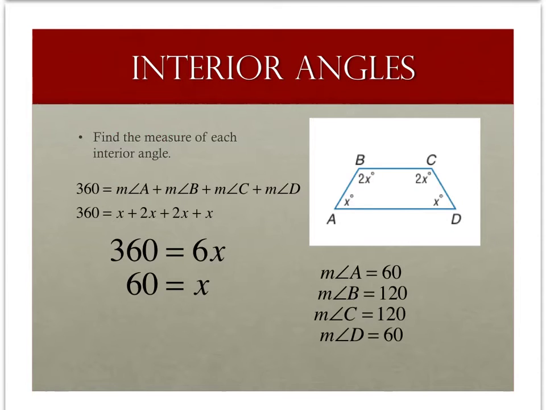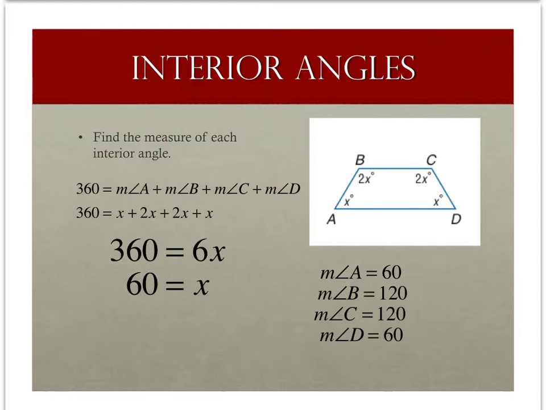All right, let's look at an example using interior angles, finding the measures of interior angles of a polygon. I have a quadrilateral, a trapezoid, and I know that the total measure of this quadrilateral is 360. I'm given the measures of angles A, B, C, and D, so I basically just add them up. x plus 2x plus 2x plus x gives me 6x.